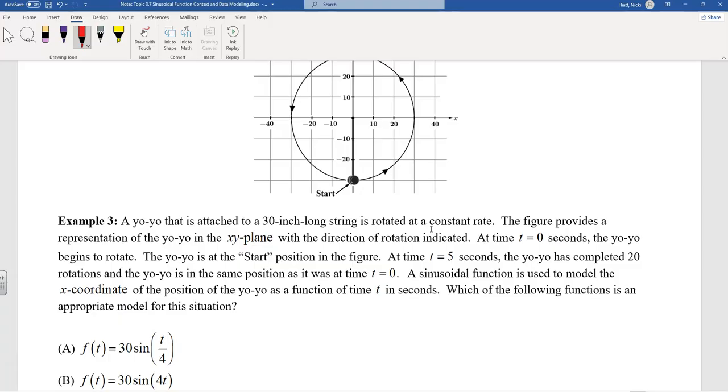At time t equals 5 seconds, the yo-yo has completed 20 rotations, and the yo-yo is in the same position as it was at time t equals 0. A sinusoidal function is used to model the x-coordinate of the position of the yo-yo as a function of time in seconds. Which of the following is an appropriate model for this situation?